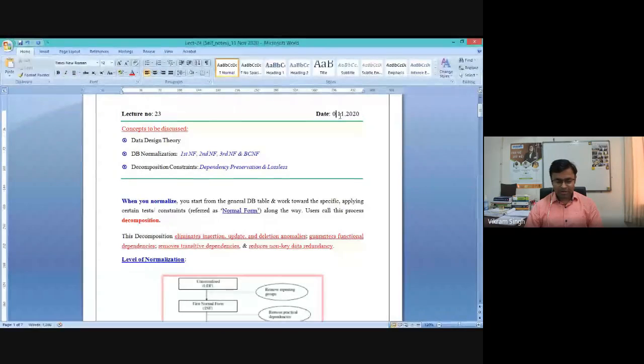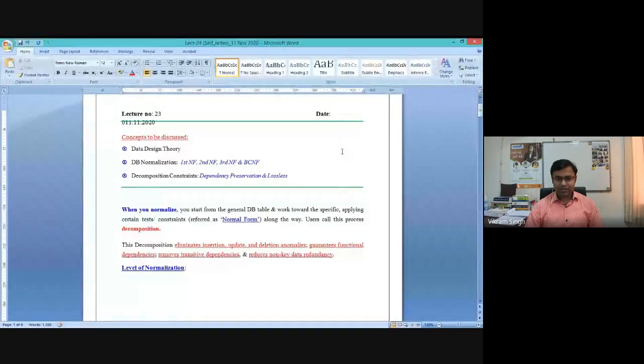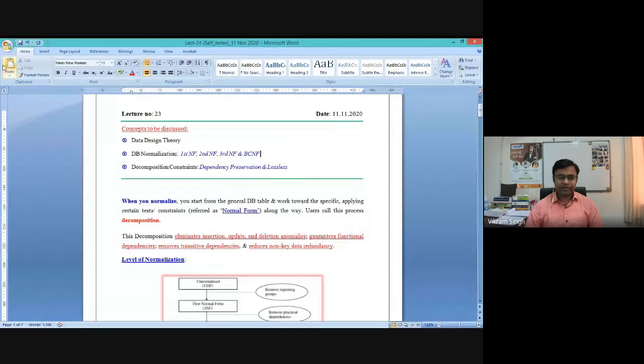The second possible source of information could be the information about the keys, right? Because in a database, we have defined different constraints on the different attributes.